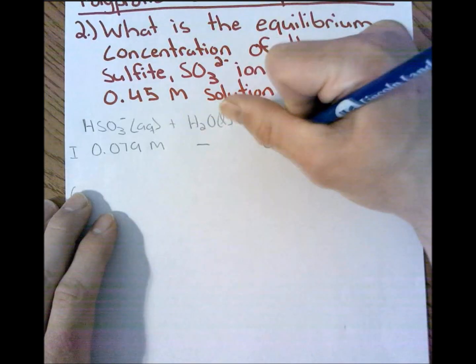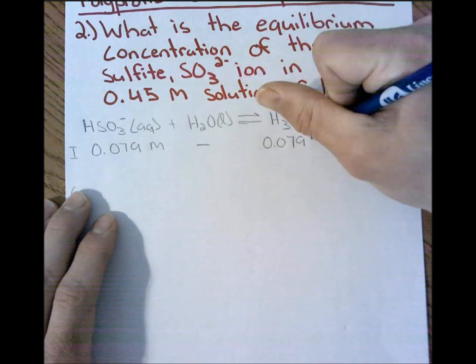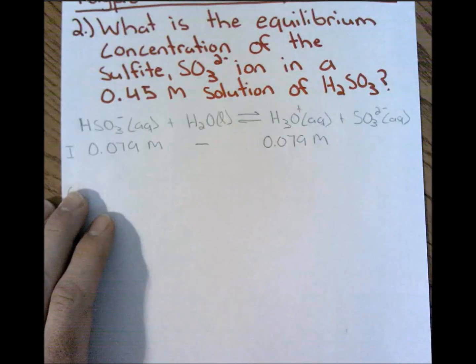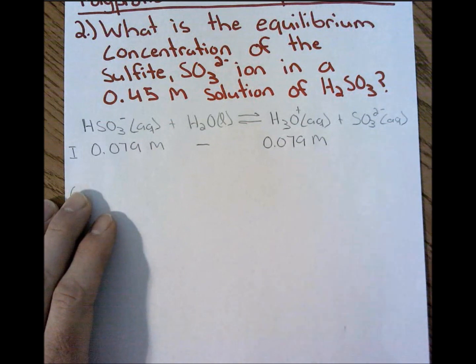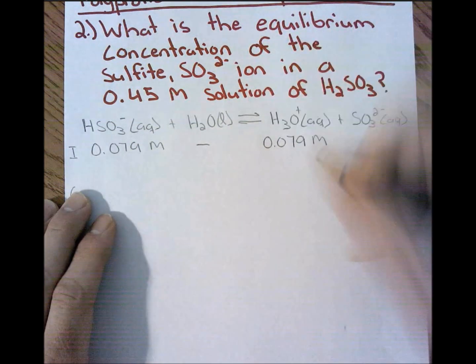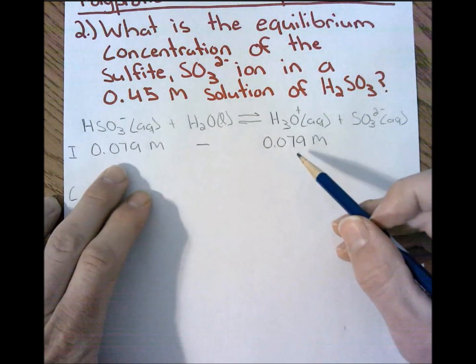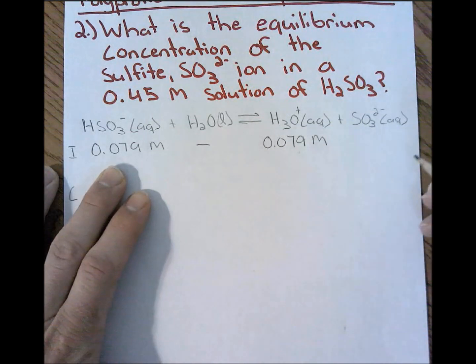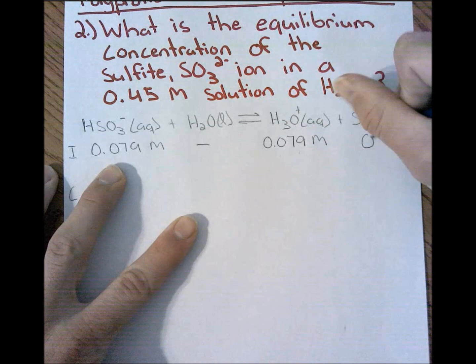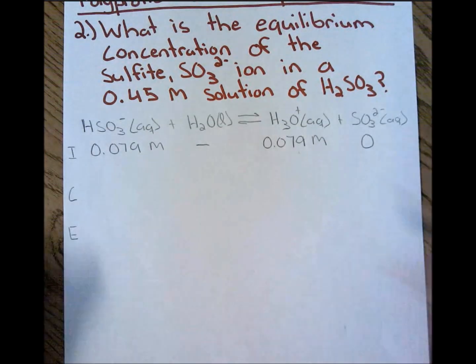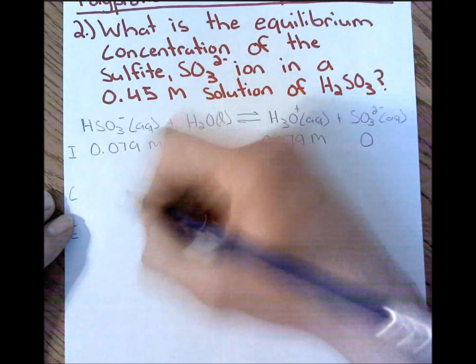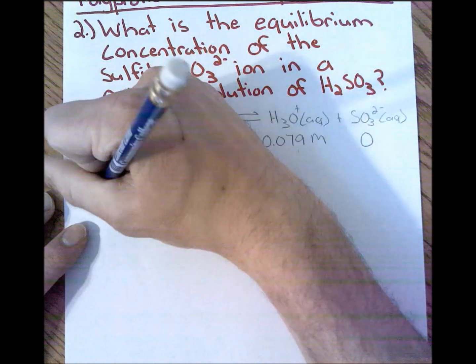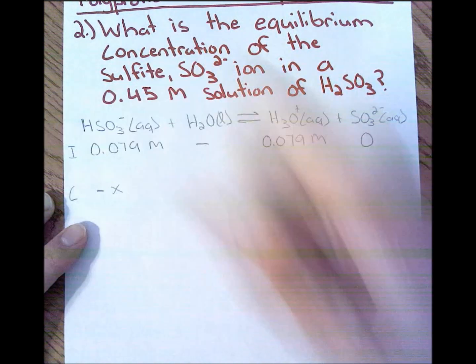Now, initially though, there is no SO3 2 minus. When this H plus breaks off, we're going to lose some of that value, so we're going to say minus X. We're going to gain some more value for our H3O plus, and we're going to gain some value here for our SO3 2 minus, or our sulfite ion.